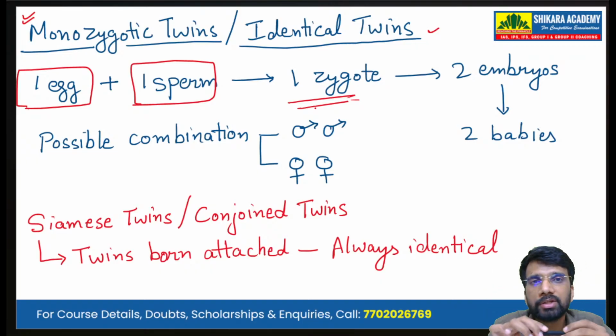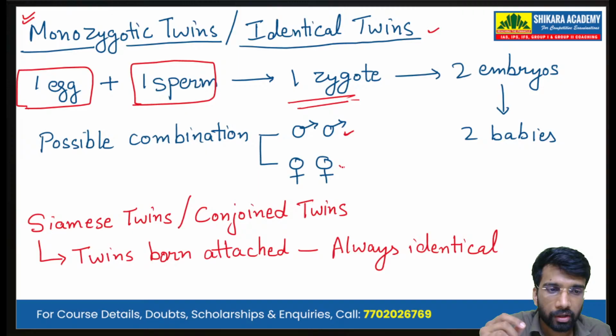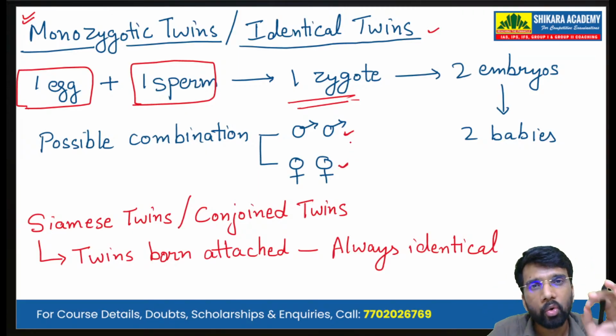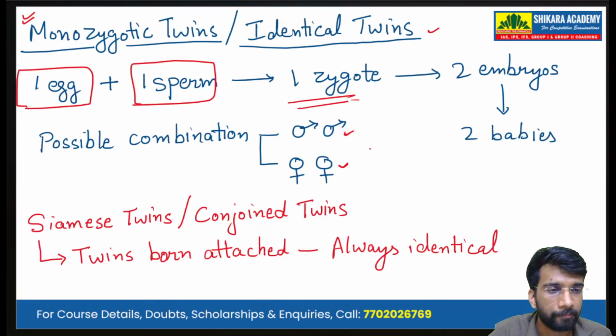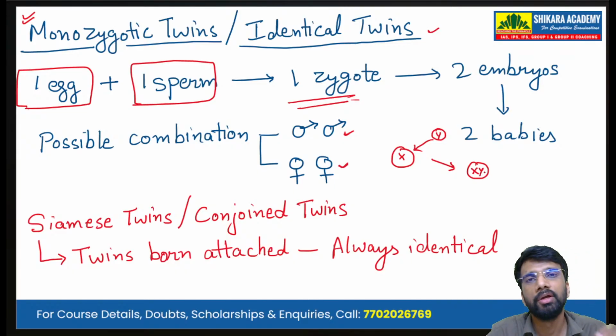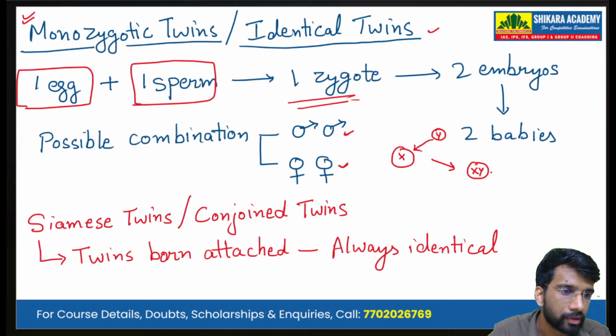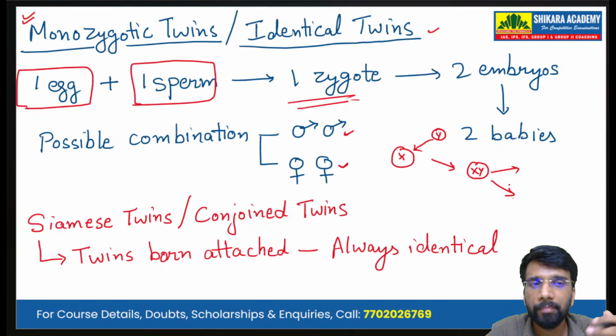Now, what is the possible combination here? The babies will be either both males or both females, because only a single sperm and single ovum are involved. If the X chromosome of the egg and the Y chromosome of the sperm have fused, then the zygote has an XY combination, so the child will be male. And if this zygote gives us two embryos, then both embryos will develop into male children.